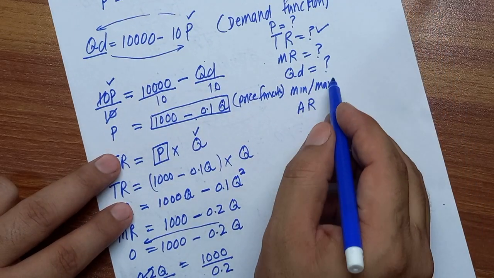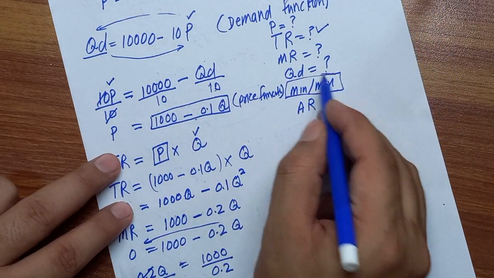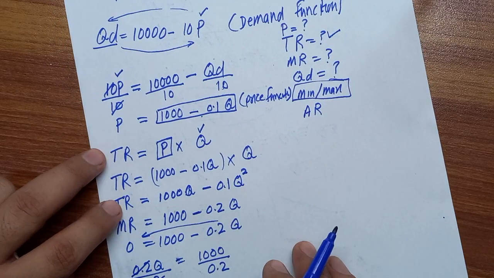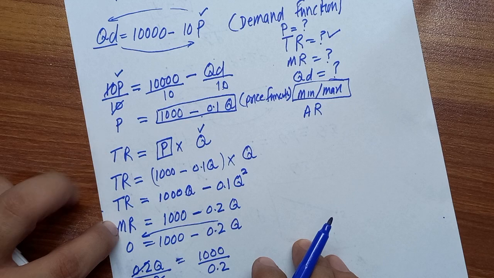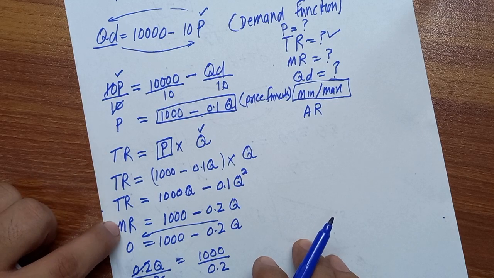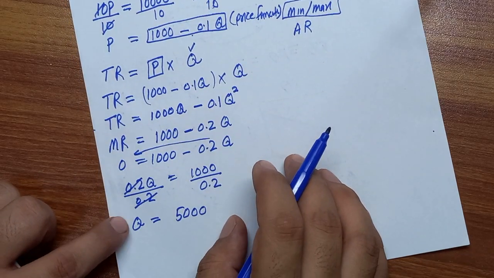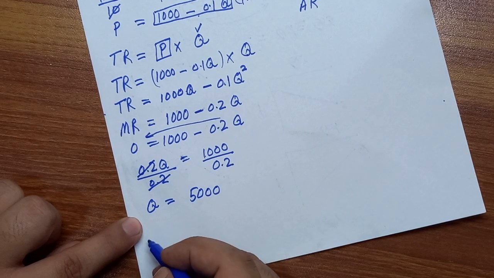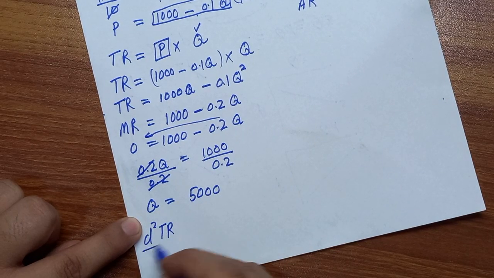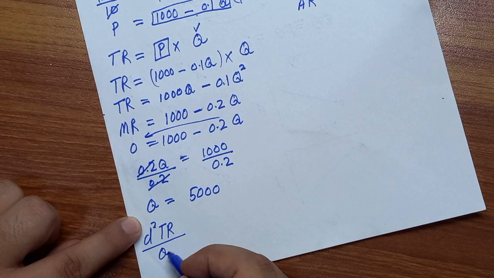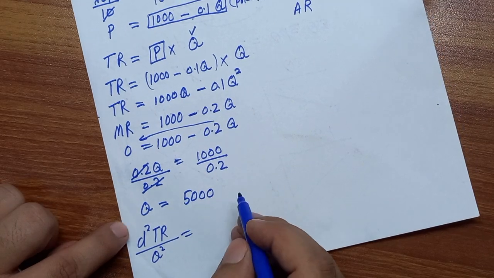Now we should also find the minimize and maximize. So for finding minimize and maximize, we will take the second order derivative of this equation. So here d2 total revenue divided by dQ2.